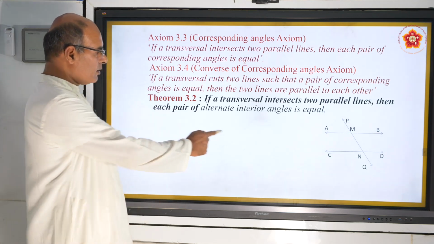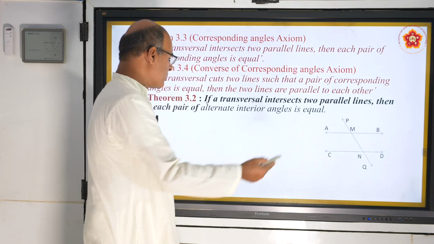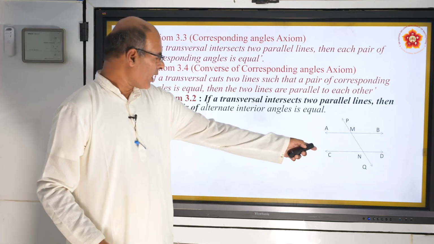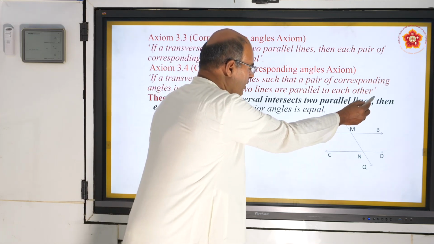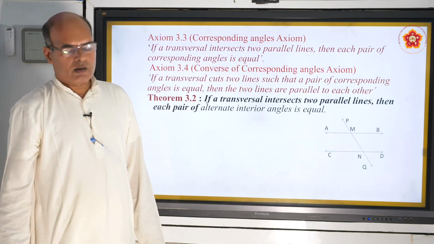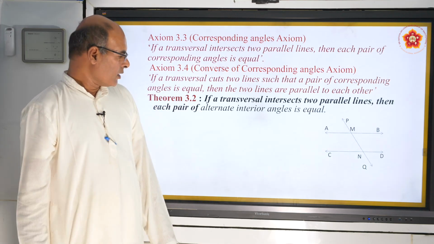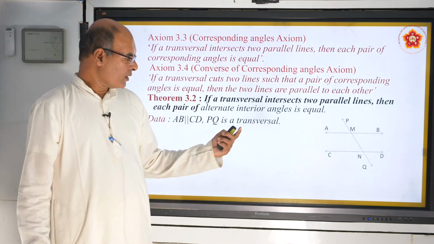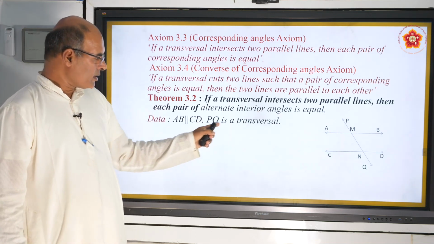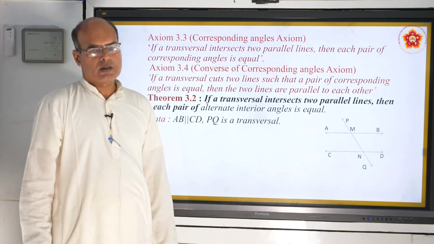First you have to draw the figure. The same figure applies here. A transversal cuts two parallel lines. That is the hypothesis part, which we have to assume. Now we write the data, the explanation of the figure: AB and CD are parallel lines and PQ is the transversal.